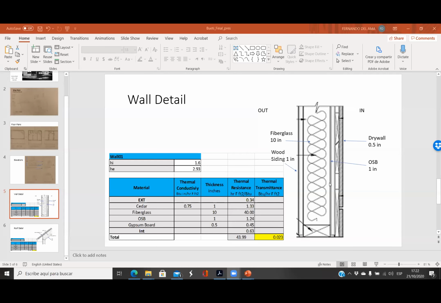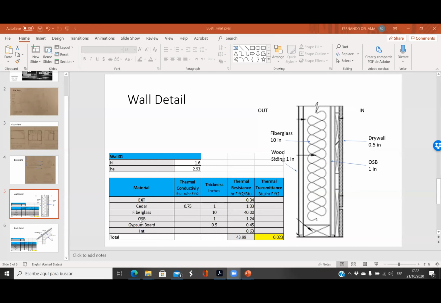So let's go back to that detail. Okay, so here we have another OSB board, 1 inch, the drywall, yeah, why not? So adding layers helps. And the wood siding, I would add here like this air cavity or air chamber, and that will be better.